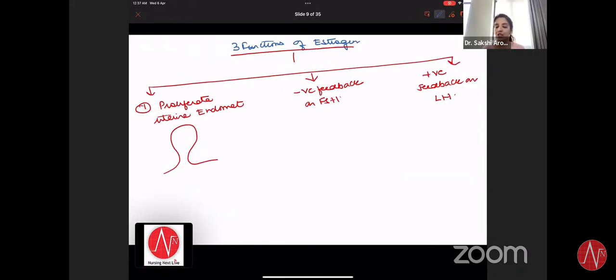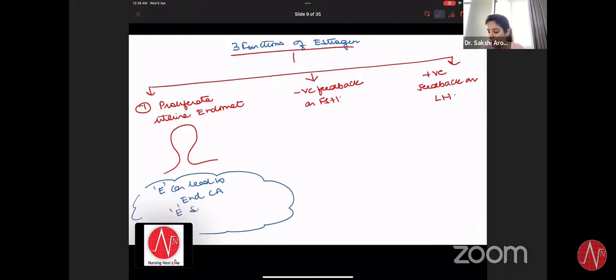First function is कि estrogen proliferates the uterine endometrium. Now, because estrogen proliferates the uterine endometrium, that is why estrogen can lead to endometrial cancers. And this is the reason why estrogen should never be given alone.